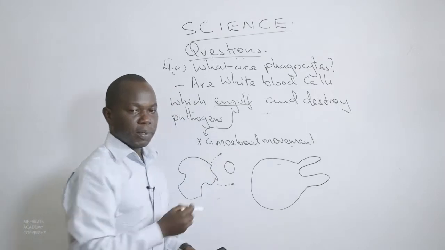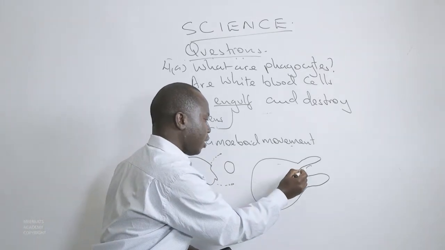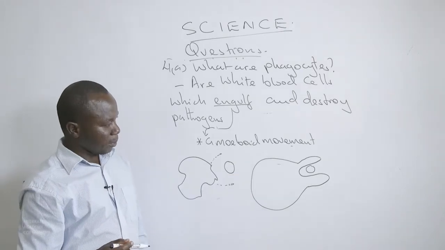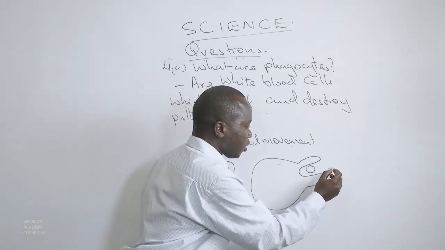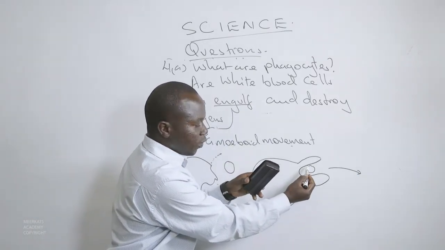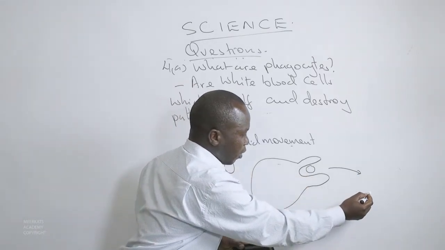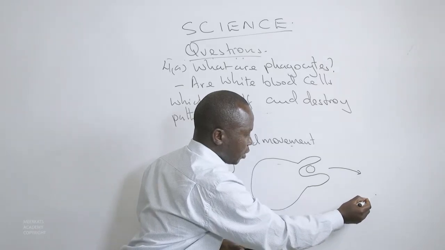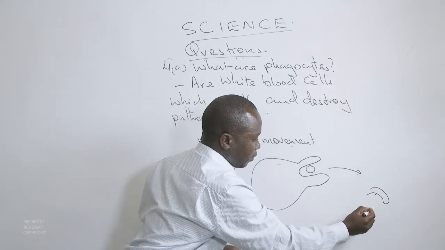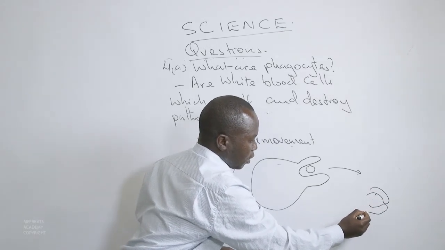So these are the pseudopodia. In the end, that particle or pathogen will be in that position. If it continues in that way, the two false feet, the pseudopodia, will surround the particle completely.